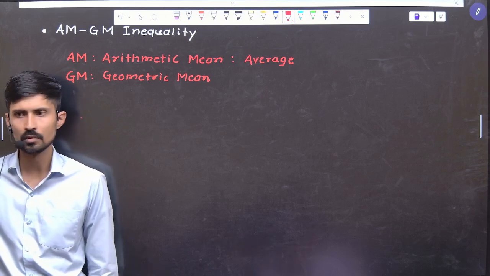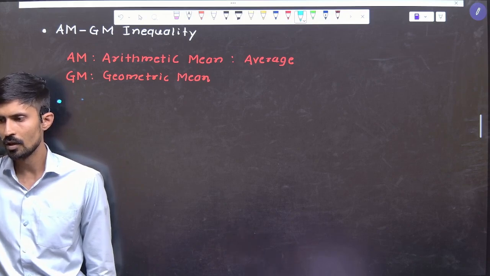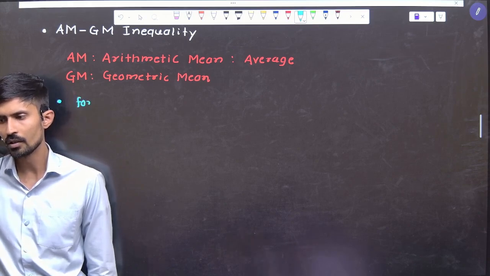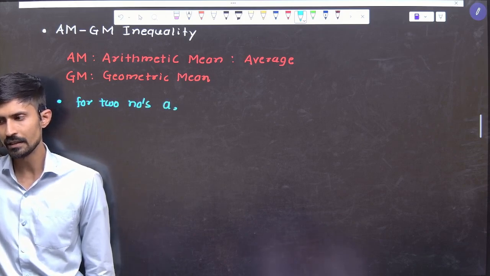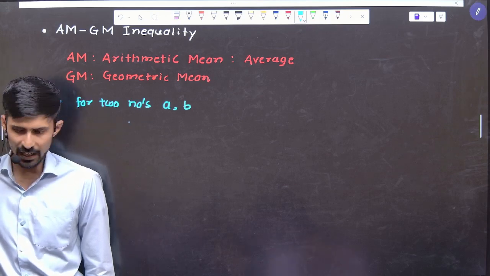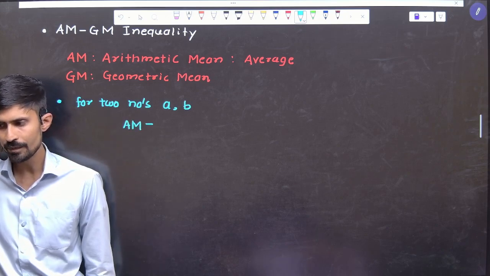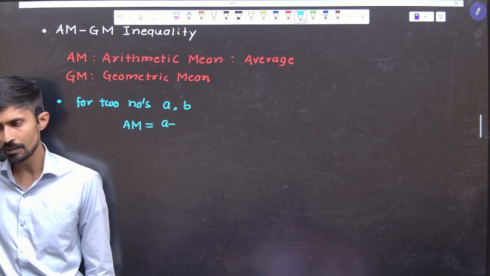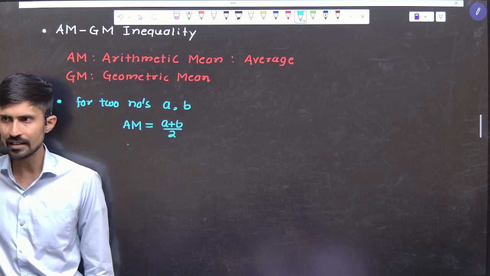Now, suppose for two numbers A and B, what will be arithmetic mean? Arithmetic mean will be (A plus B) by 2. See, this is, you know, average, finding average.